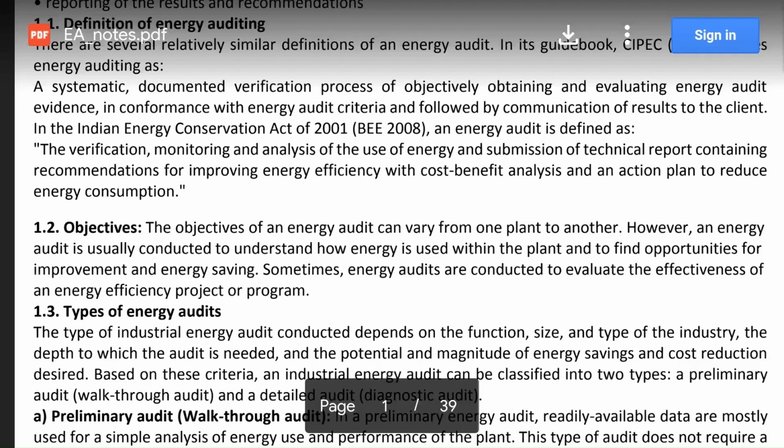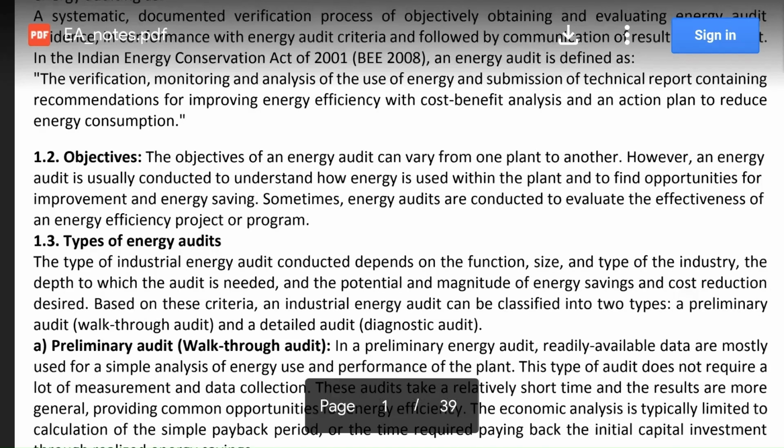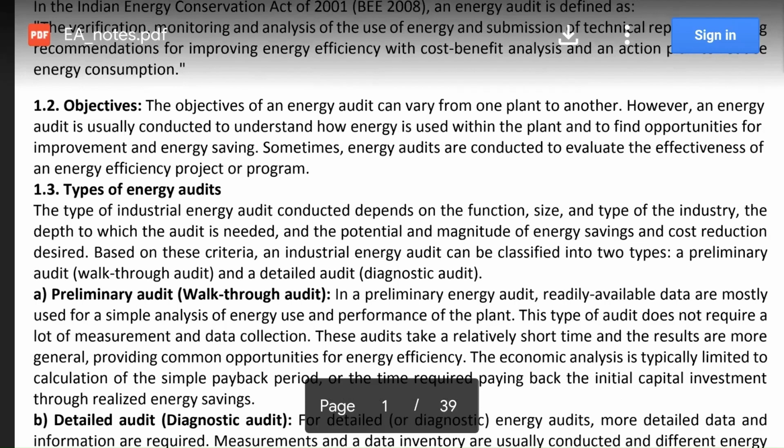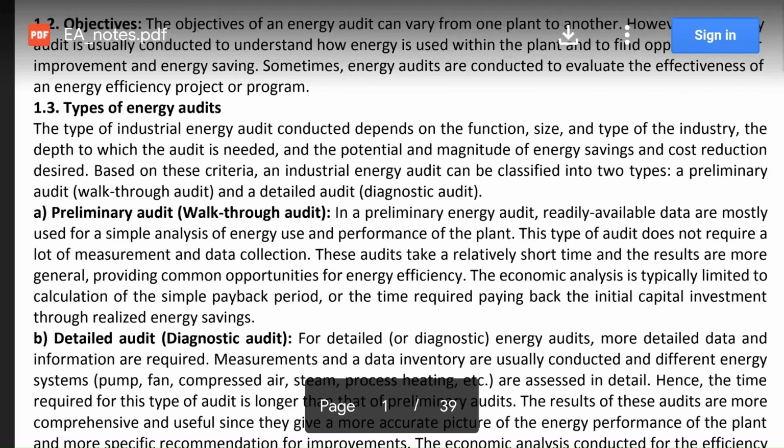You can take the definition of any country; by and large they are the same, the sense remains the same.